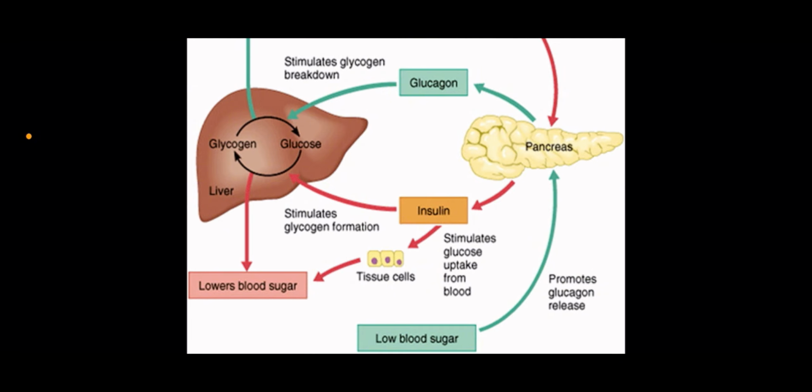Glycogen can be stored inside the liver or skeletal muscles, depending on what is being targeted. This decreases the blood glucose concentration and also allows us to store glucose to be used for respiration or other processes in the future.